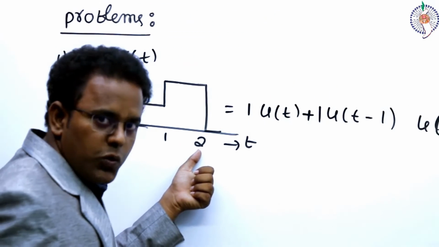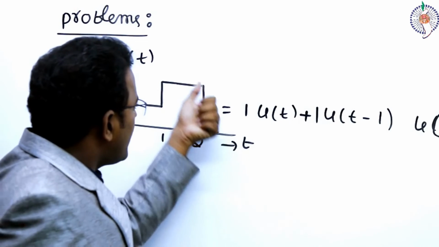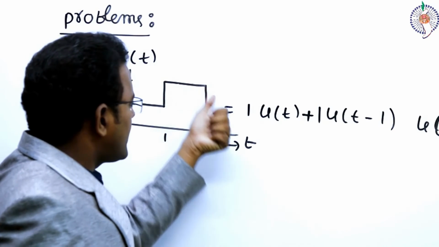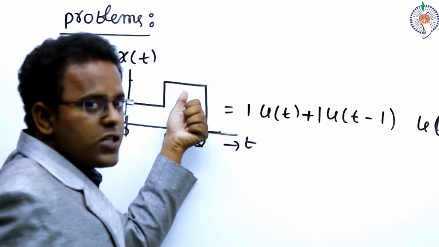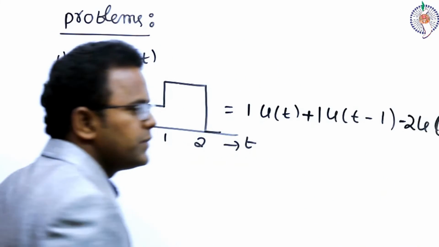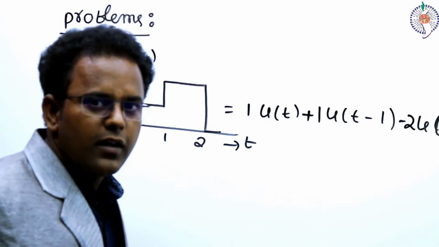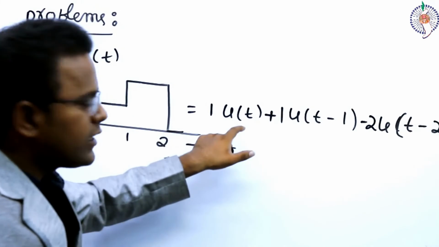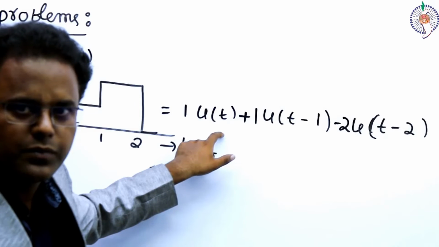At t equal to 2, final minus initial, right side minus left side, right side 0, left side 2, 0 minus 2, minus 2. That is the representation of the given signal in terms of step functions.